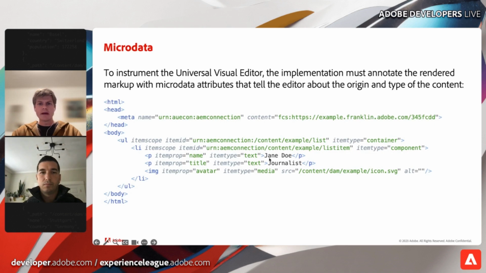And then you see you can have multiple pieces of content that can be edited in context, multiple text elements, images. The way the universal editor knows how to persist this content when you make changes is through the item property attribute, which tells which property of this item ID is displayed there, and therefore where it should be persisted back if you make a change.